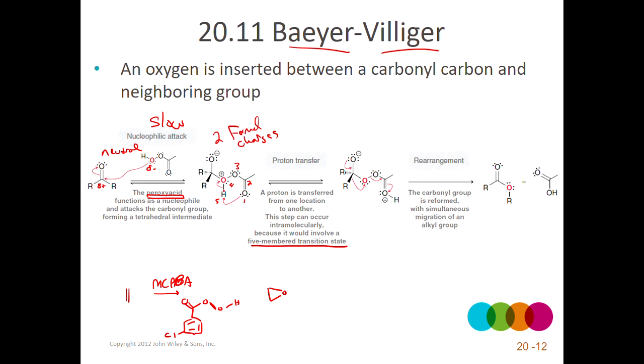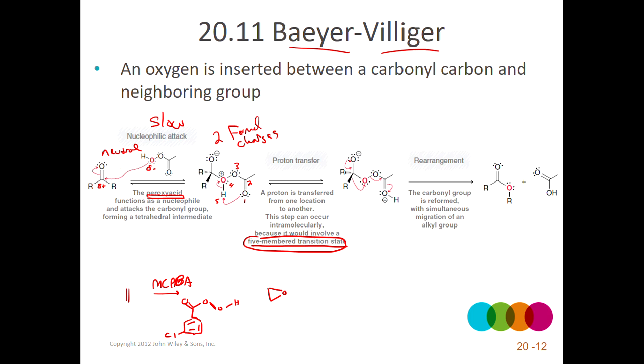If the bonds rotate just right, this oxygen and this hydrogen here will be quite close together. And the partial negative on the oxygen can pick up that proton. So the proton transfer, electron staying behind, gives you the next intermediate. The proton transfers are almost always fast. Intramolecular proton transfers are fast if it's a 5 or 6 membered ring transition state, because those atoms are naturally going to be rotating close to one another to do the proton transfer.